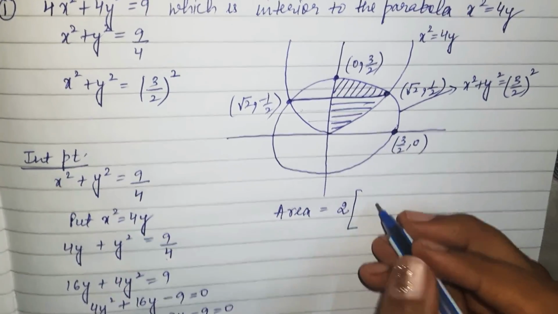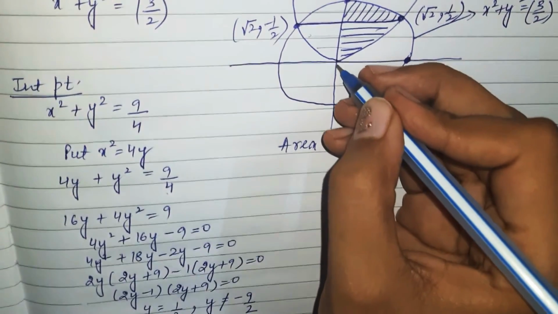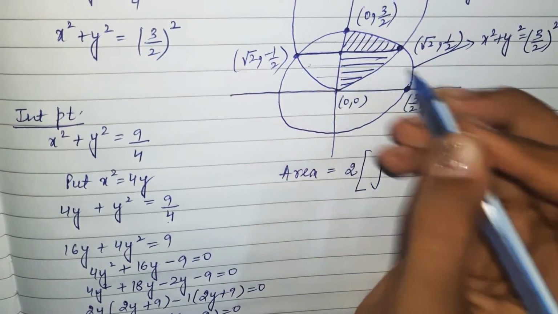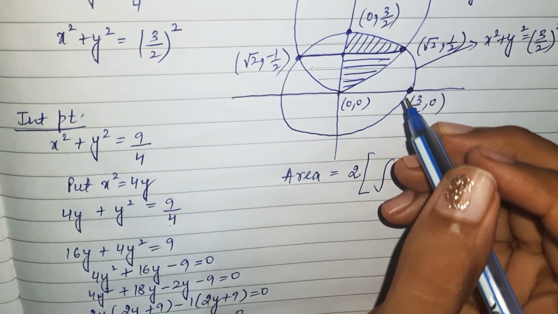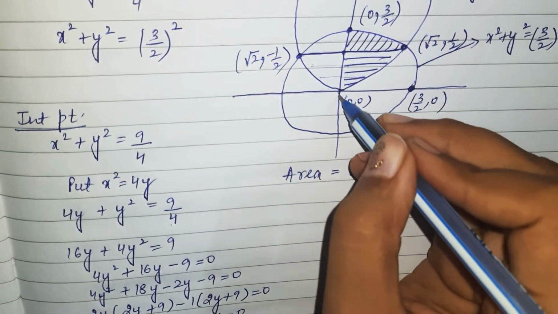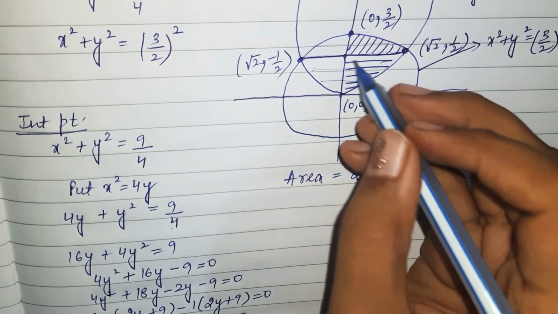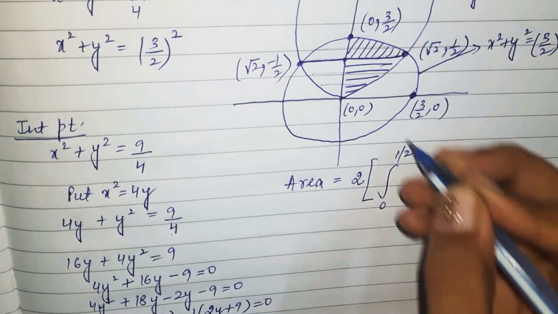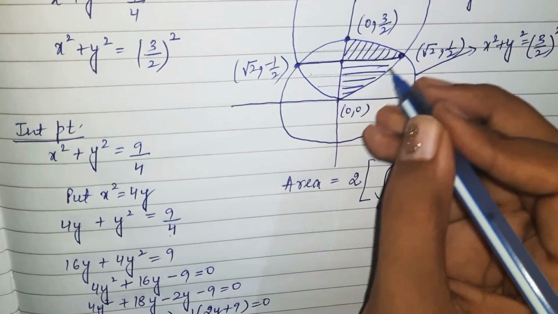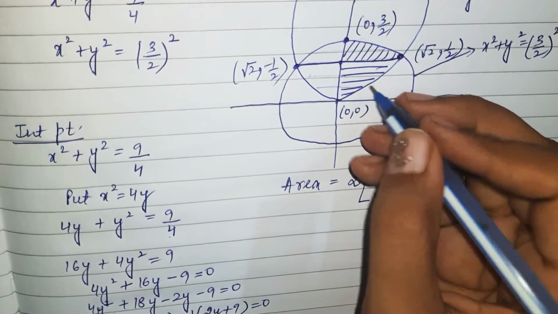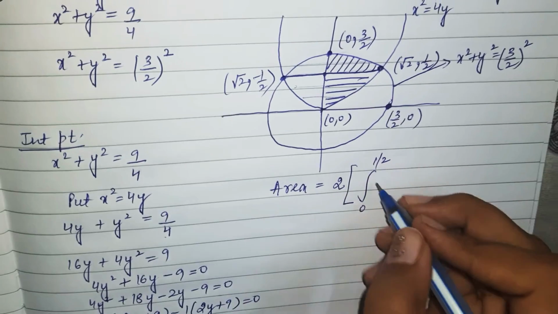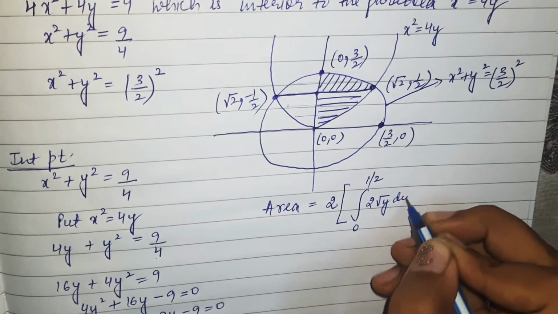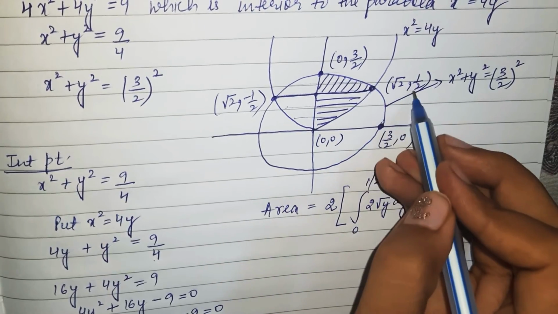Now firstly I will take the limit, this is 0 comma 0, and this point will be 0 to 1 by 2. So this is 0 to 1 by 2. The function will be in terms of y. So in terms of y, x is 2 root y dy, plus the integral from 1 by 2.